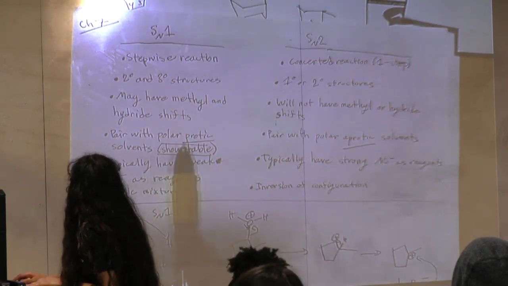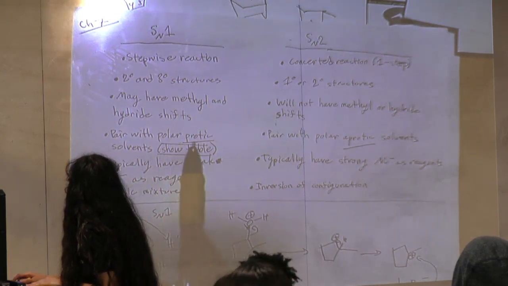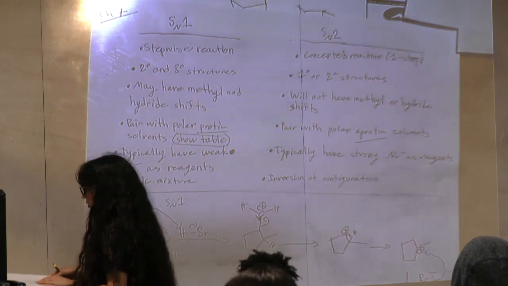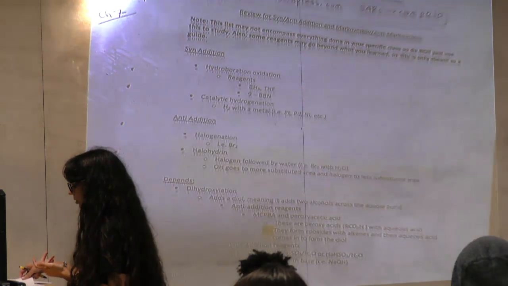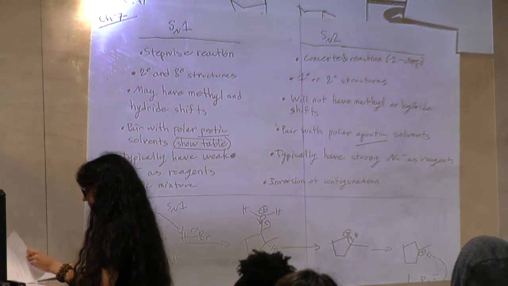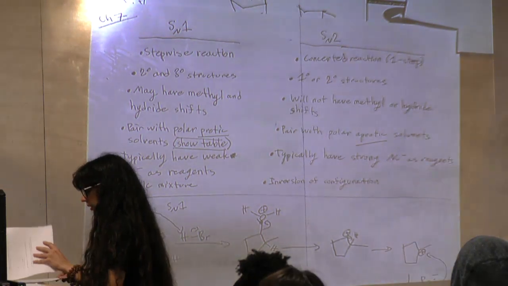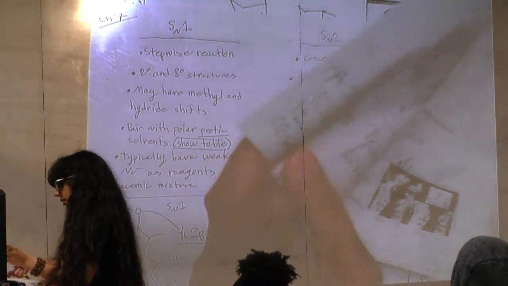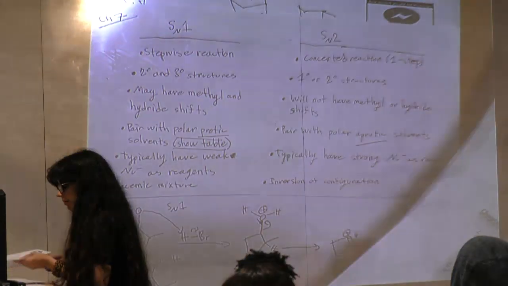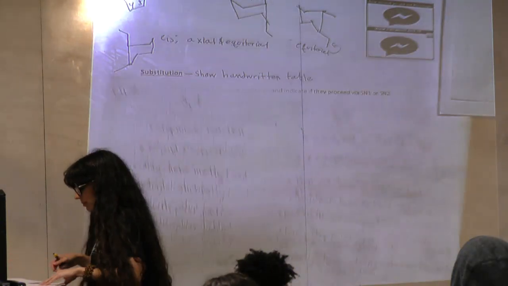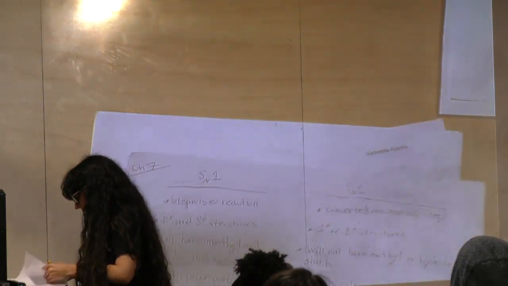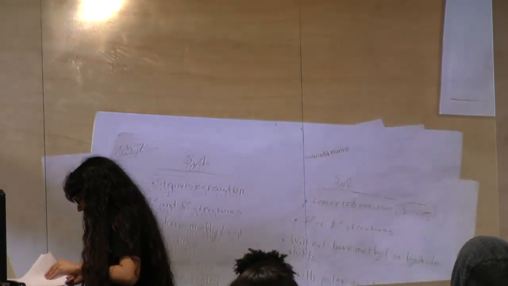So I just want to briefly show you my table on polar protic and aprotic solvents. Some of these may not be covered in your class. Oops, that's the wrong table. Where is my table?